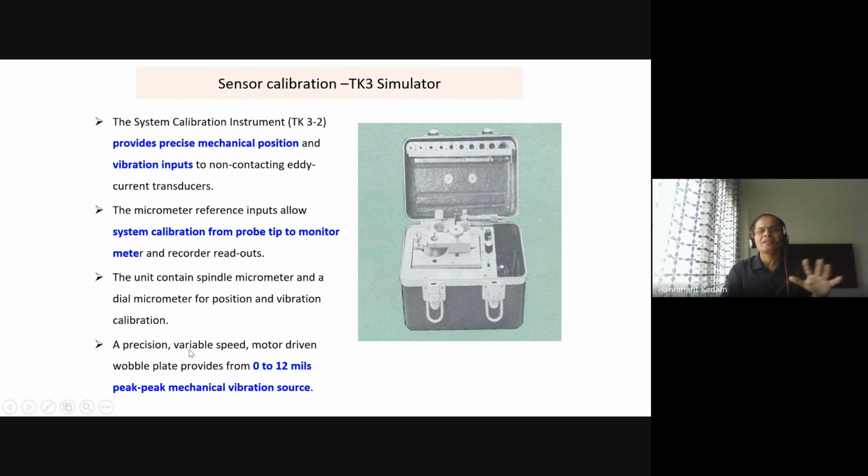Our standard test bench does not provide the minus 17 volt and minus 26 volts. So this kit is always there for calibrating the vibration probes.